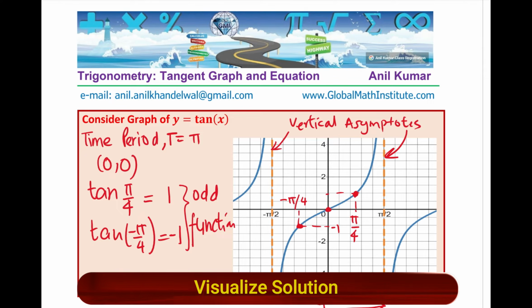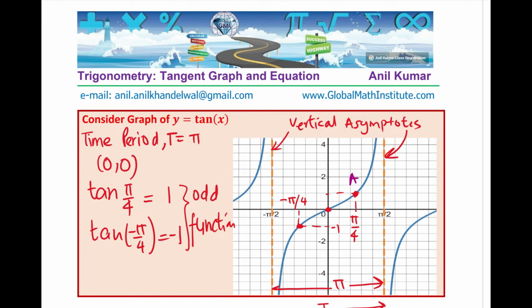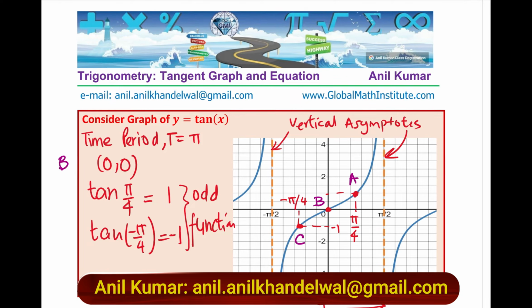Let me call these points A, B, and C. So for me, the critical points are B, origin, and this I'll call A, and this is C. So these three critical points and the two vertical asymptotes actually define the tangent graph.